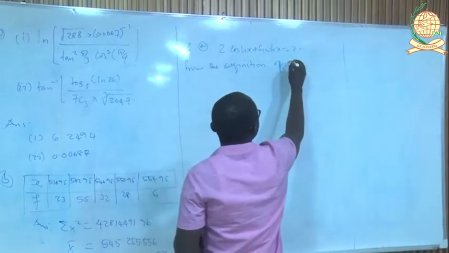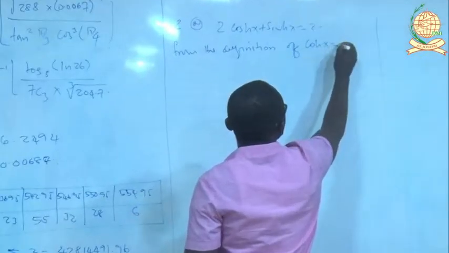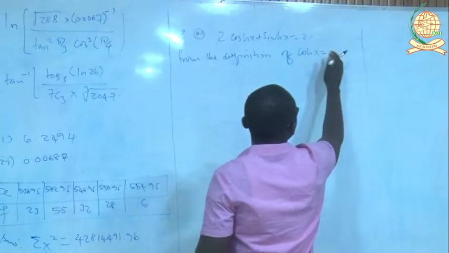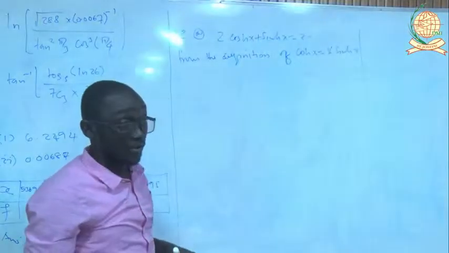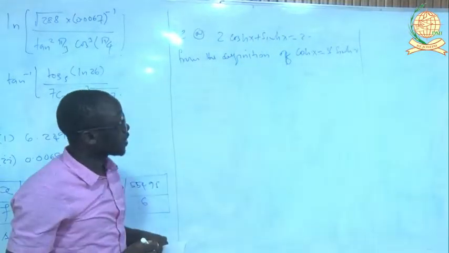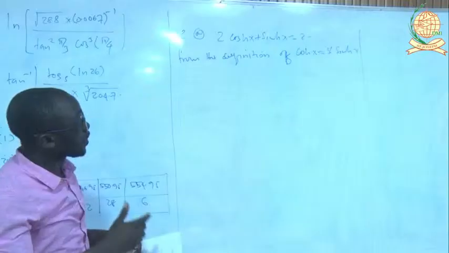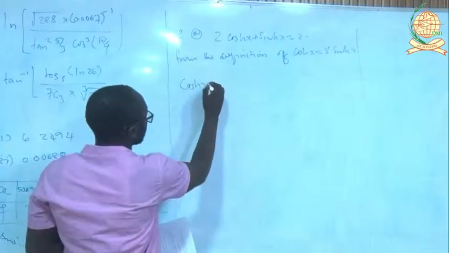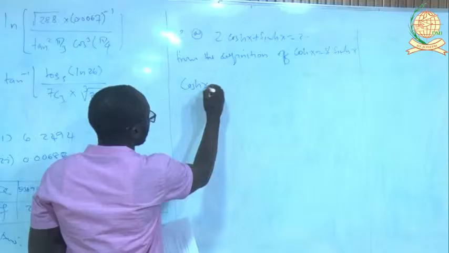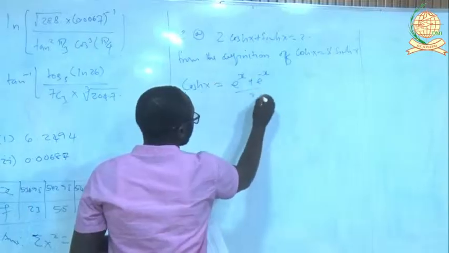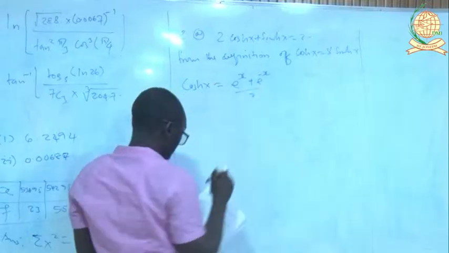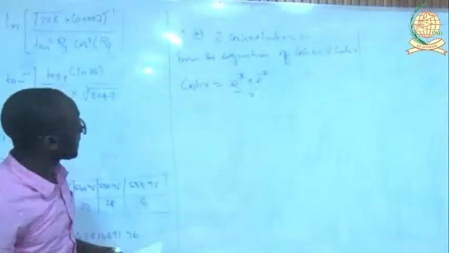From the definitions of the hyperbolic cosine, which is cosh, and the hyperbolic sine, which is sinh. The mathematical definition of hyperbolic cosine, which we call cosh x, is given by e to the x plus e to the negative x out of 2. This is the mathematical definition of cosh x.